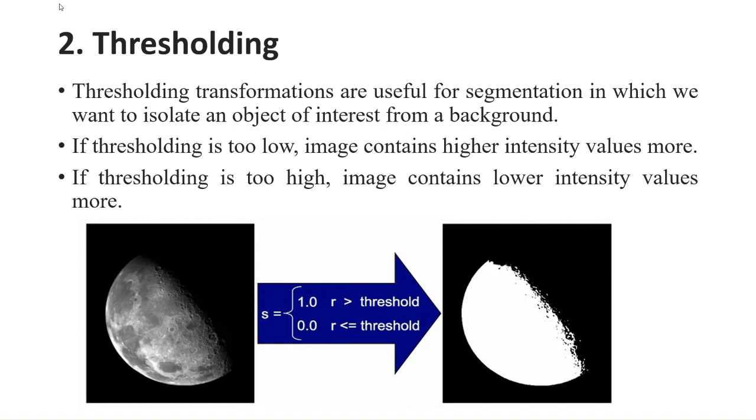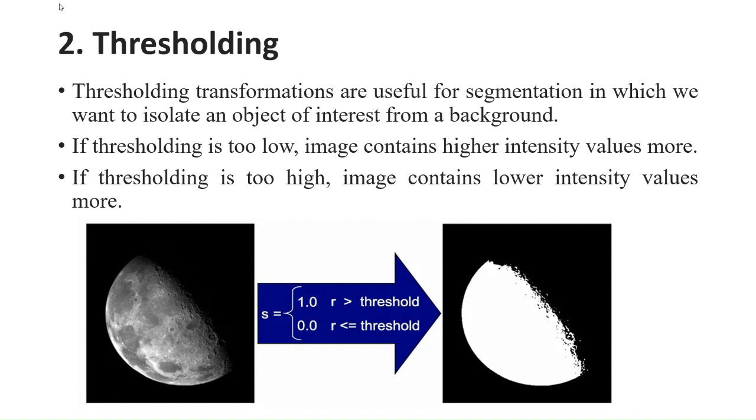If the threshold is low, the image contains more higher intensity values. If the threshold is too high, the image contains lower intensity values. These points are very important to define the threshold.